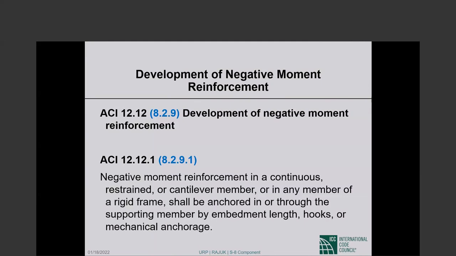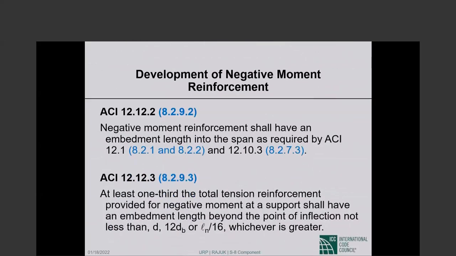Negative moment reinforcement in a continuous, restrained or cantilever member or in any member of a rigid frame shall be anchored in or through the supporting member by embedment length, hooks, or mechanical anchorage. I don't want to elaborate on that. I think that's understandable. Negative moment reinforcement shall have an embedment length into the span as required by the ACI section.